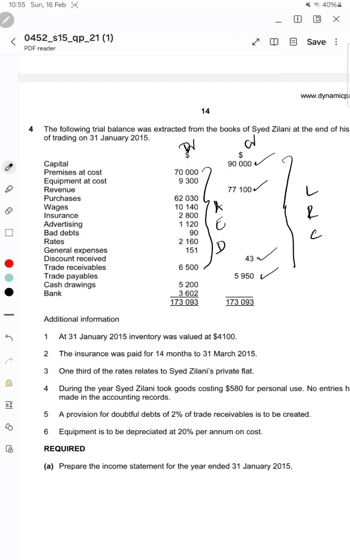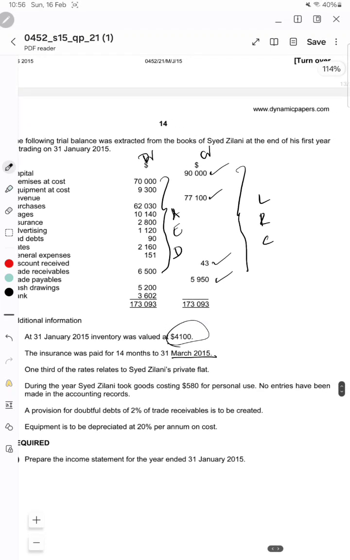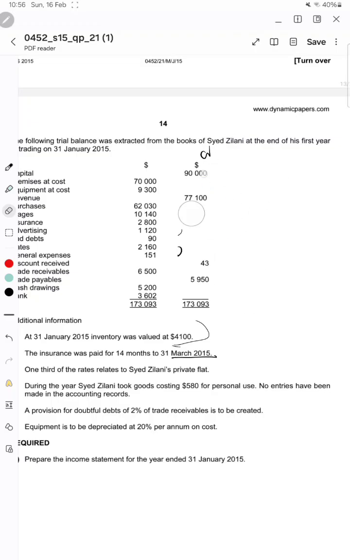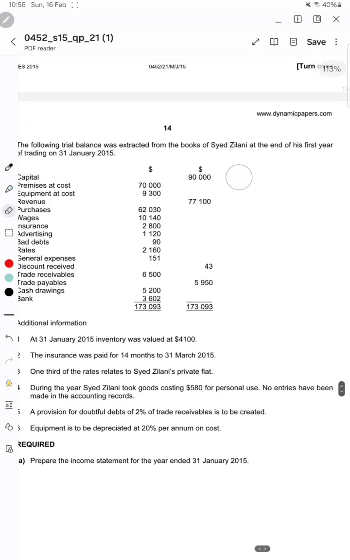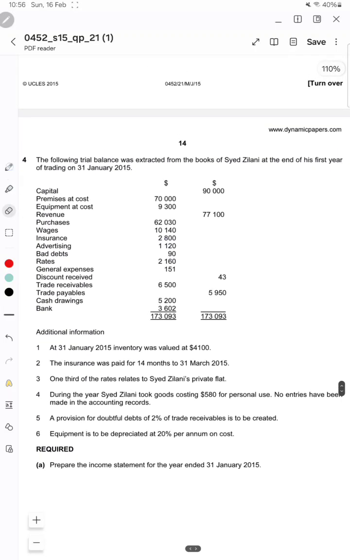Now the additional information given here at 31st January, that is closing. The inventory was valued at 4,100, that is the closing inventory, and insurance was paid for 14 months to 31st March 2015. So we have to check what our financial year end is first. That is the first procedure we need to check while doing a financial statement or any other problem. As per the question, the financial year end is 31st January 2015.